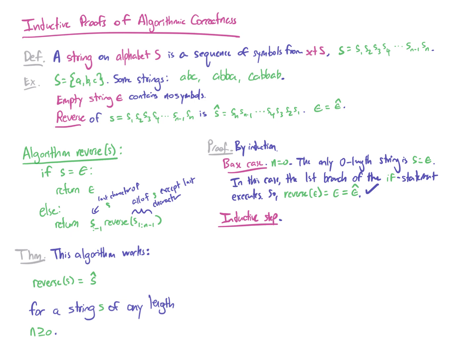So suppose that, and remember what it means to say that the algorithm works is that reverse of s is equal to s hat. Suppose that this is true for any s of length k, where k is greater than or equal to 0.